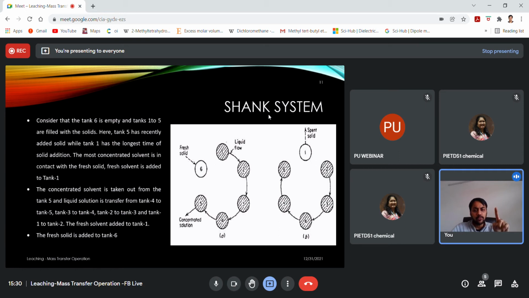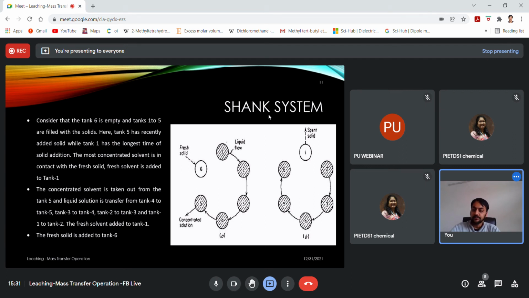So now the cycle becomes as per figure B. Now the fresh solid is added in tank number 6, which was just emptied, and the solid is taken out from tank number 1 because it was leached 5 times. Now the solid is taken out. It is known as spent solid. Right? So after 5 times, fresh solid is added into tank number 6.